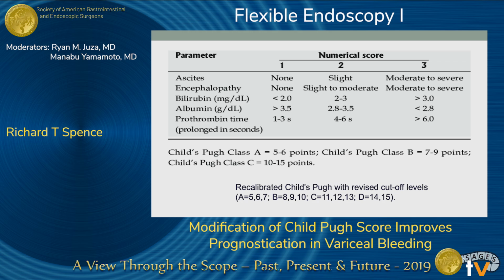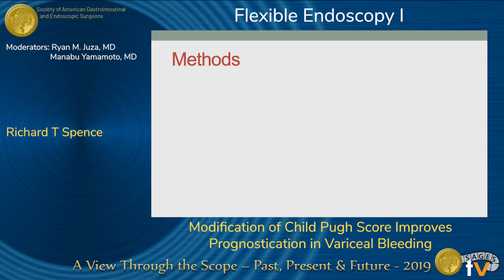It's up to 15 points and divided in the original score into 3 groups with those points. We proposed a recalibration of the score with new cutoff values: 5, 6, 7, then 8, 9, and 10. Specifically, we thought that perhaps with advances in the way we treat our patients, we're losing granularity in class C, and therefore introduced a further class D for 14 and 15.